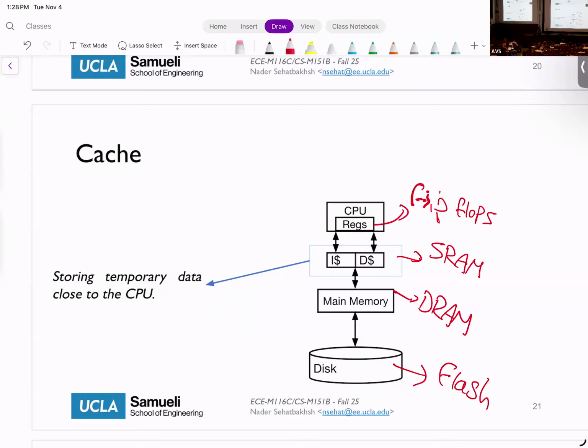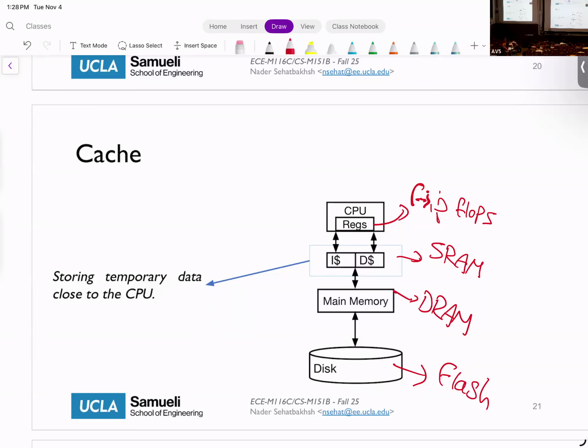Within the cache, sometimes you can have a separate instruction cache and a separate data cache. The reason you want to separate these two is that their locality is a little bit different. In the instruction cache, you might use some instructions more often than not, whereas in the data cache the behavior might be very different.